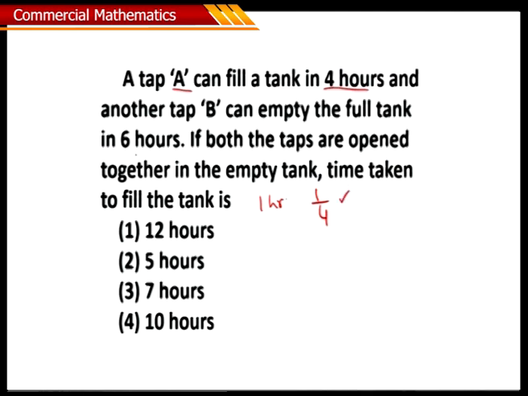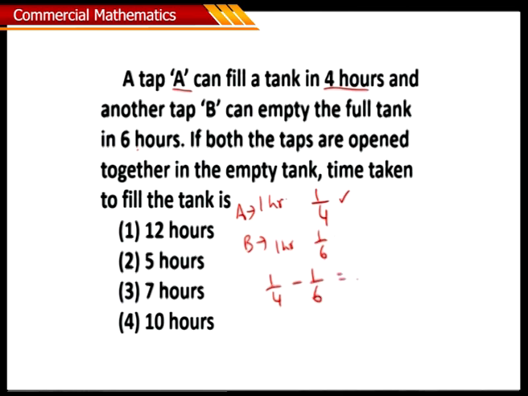And B can empty it in 6 hours. This is about A. And what is B doing? B is emptying the tank. So in 6 hours, the complete tank is emptied, which means each hour it empties 1/6 of it. So 1/4 is filled and 1/6 is emptied. So how much water will be left means their difference.